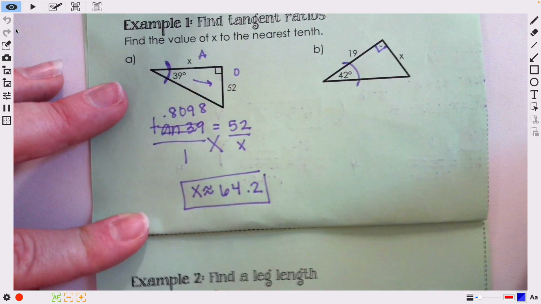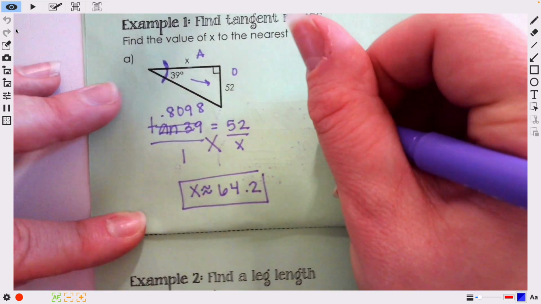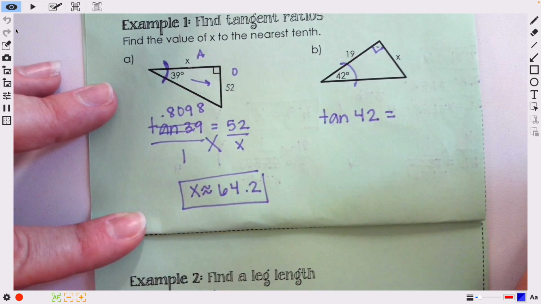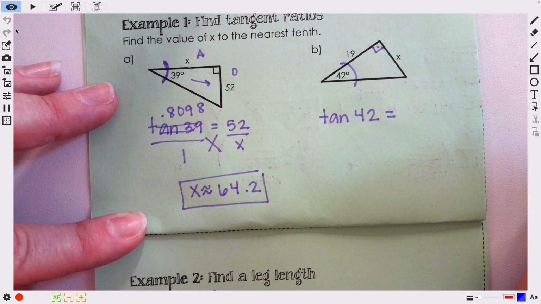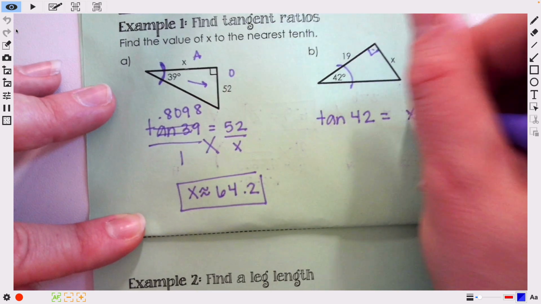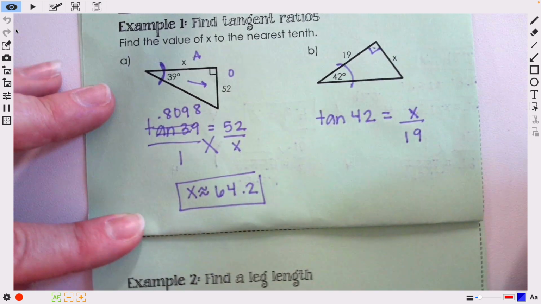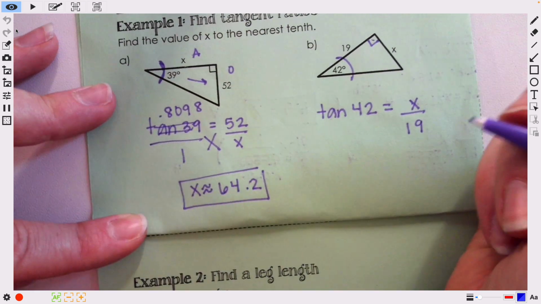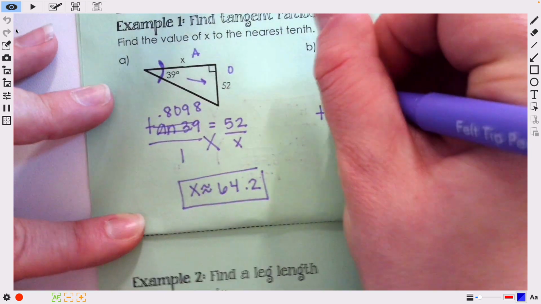B, they didn't put the right angle box. Silly gooses. Tangent of 42. Another volunteer who wants to set up the opposite over the adjacent ratio with confidence. Owen. Perfecto. Oh, that's an interesting decimal.